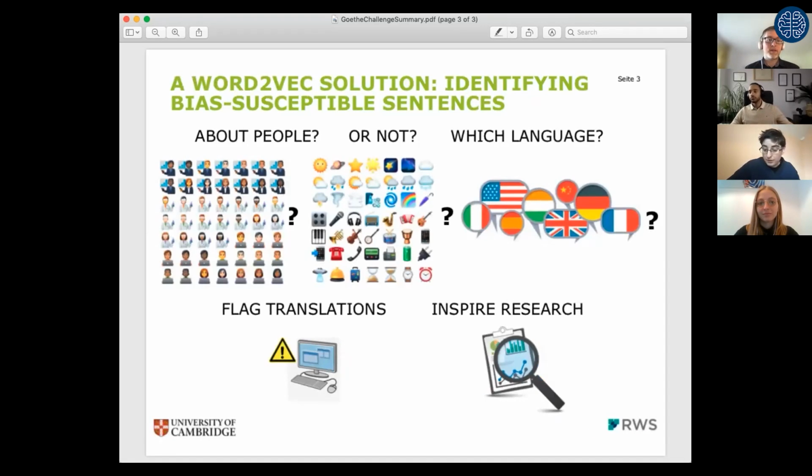The other challenge, from Marvin's Word2Vec solution team, was proposed by me based on work I did at the University of Cambridge and currently at RWS. And this challenge revolved more around specifically identifying data and identifying sentences that are susceptible to bias in translation.